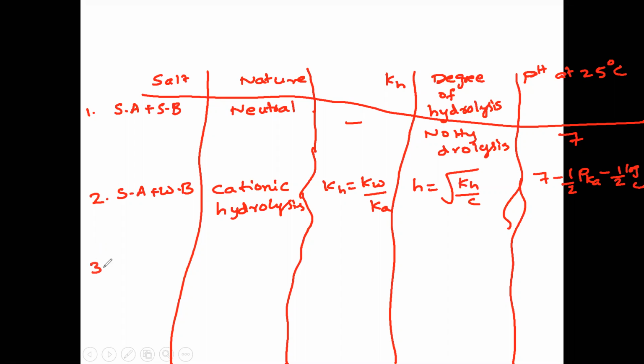Next, third type of salt. Salt of weak acid, strong base. Anionic hydrolysis.